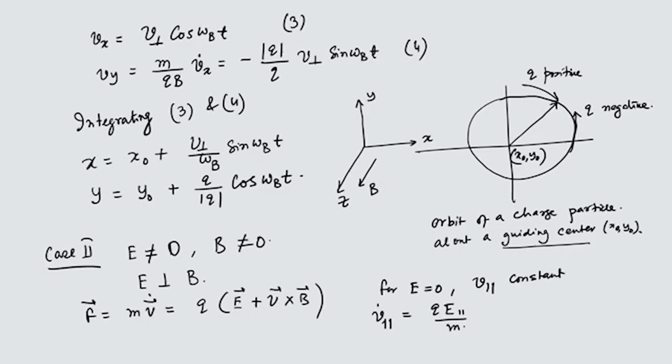So what happens is that there is no fixed guiding center that you are seeing here. The guiding center remains fixed, and the charged particle either in the clockwise direction or anti-clockwise direction depending on its sign would just move around this circle. But now this guiding center keeps getting drifted because of the electric field.